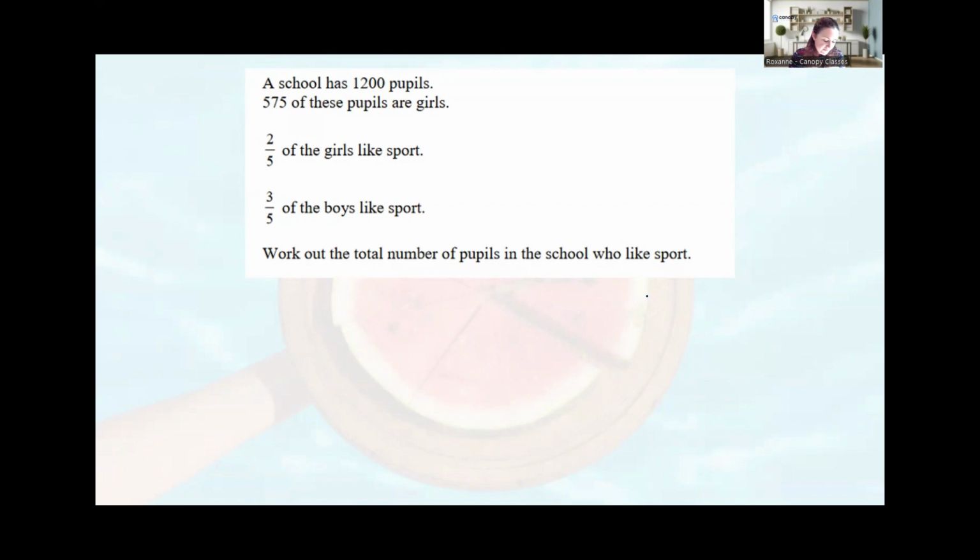Work out the total number of pupils in the school who like sport. Okay, so first of all, we have to work out what proportion of the school are girls in the first place. Okay, so we've got 23 out of 48 equals girls.